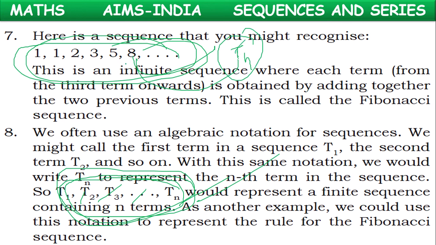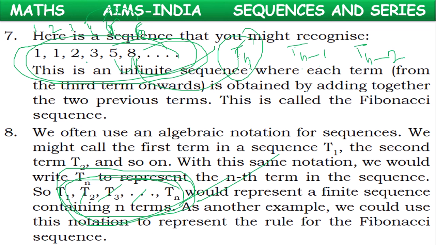The term before Tn will be the n minus 1 term. Suppose we count first term, second term, third term, fourth term, fifth term, sixth term. If the nth term is the sixth term, then the term before it is the fifth term. So if the sixth term is Tn, then the fifth term will be Tn minus 1, and the fourth term will be Tn minus 2.